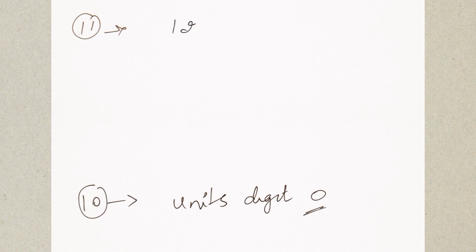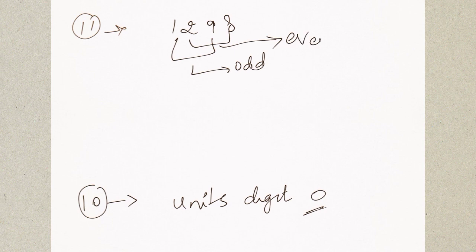I'll take an example and show 1298. What are the odd places and even places? First you need to find. These are the odd places, first place and third place. Second place and fourth place are even places. Understood? First you should sum up the digits at even places: 2 plus 8 is 10.